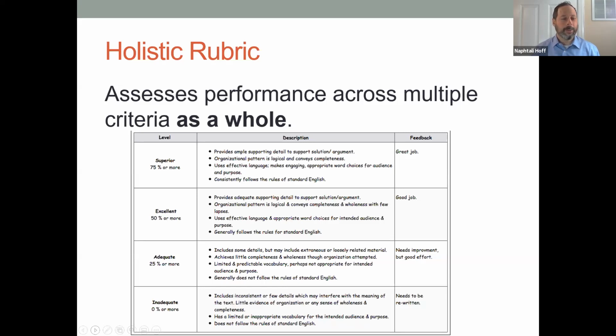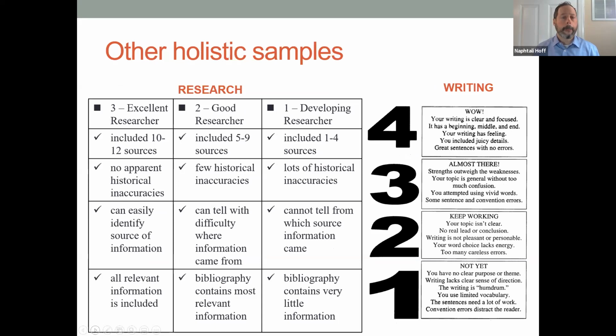And then you can decide which one you want to comment on, but you'll see that there are certain common characteristics that they all have. Take a look at these. Would anyone like to explain from your perspective, what is the primary difference between a holistic rubric versus an analytic rubric?